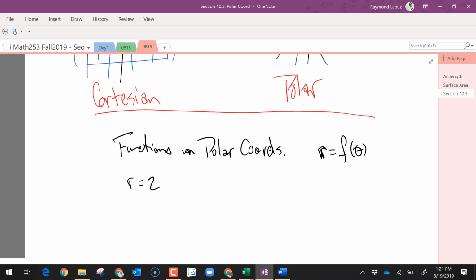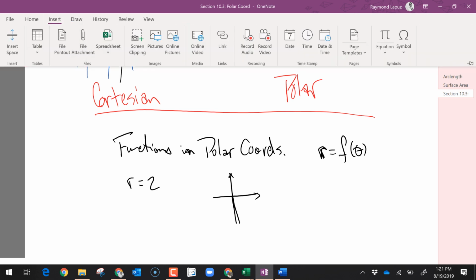And the idea here is that you would have, see if I can do this here. They have arrows here?